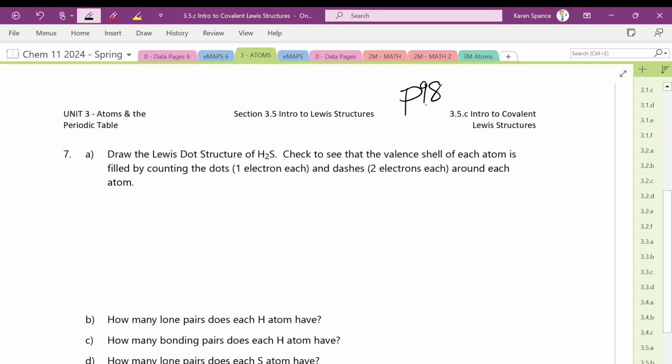Okay, so first of all, what we're going to do is when we go to sulfur, remember we don't want them to pair up unless they have to, going 3, 4, 5, 6. That's why we have to do it that way, because that way it will make some kind of sense.